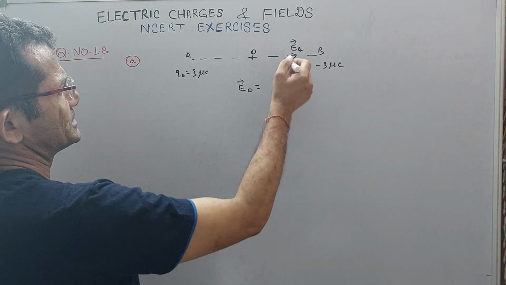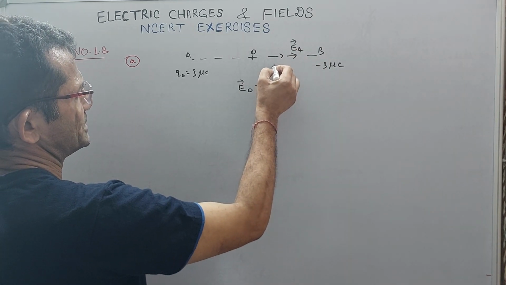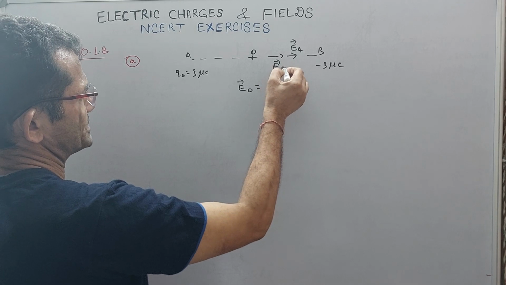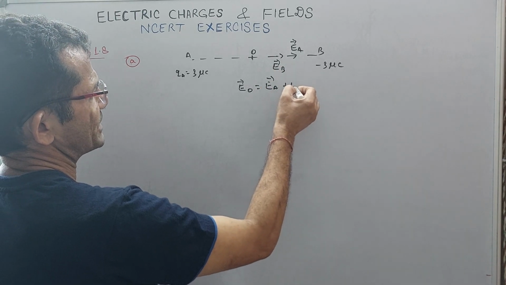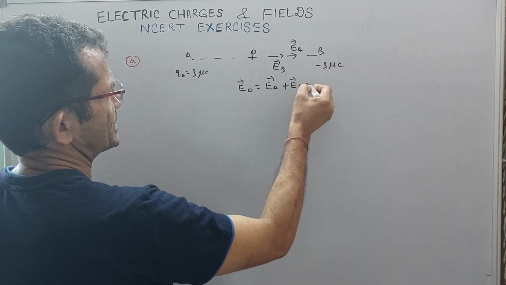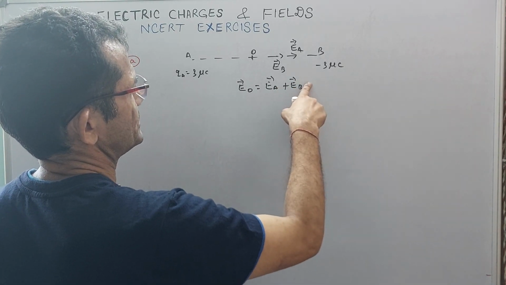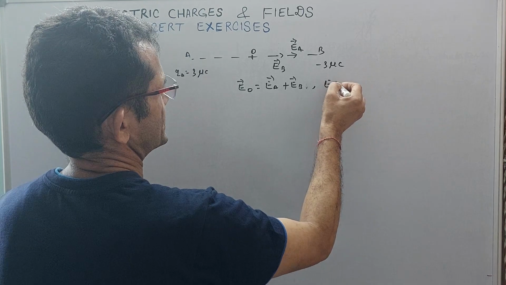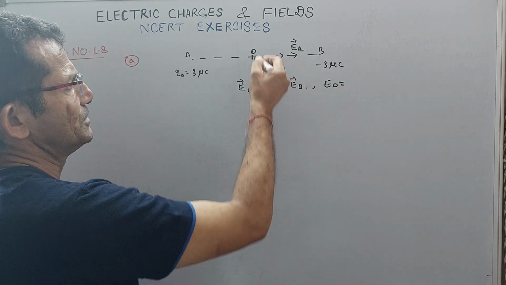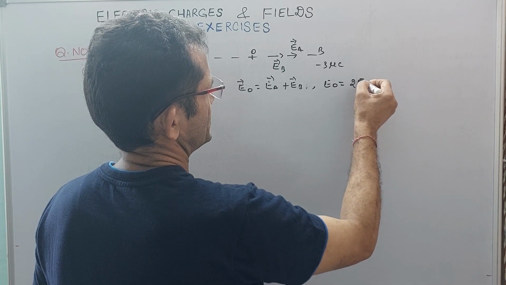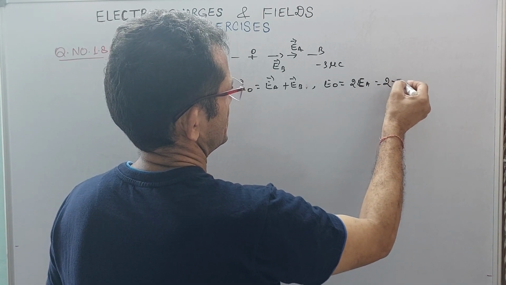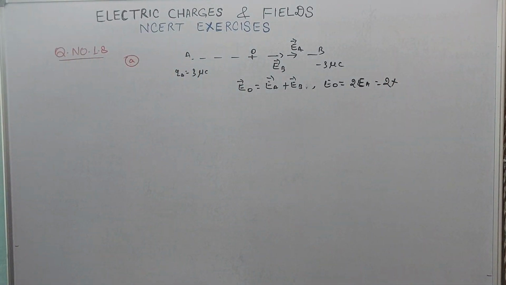EA and EB are again in the same direction, so vector EA plus vector EB, in magnitude, the resultant electric field at the point O will be 2 times EA.